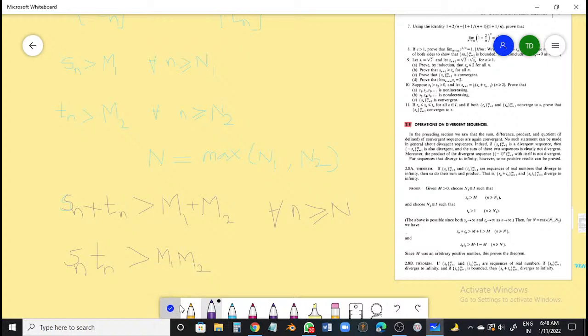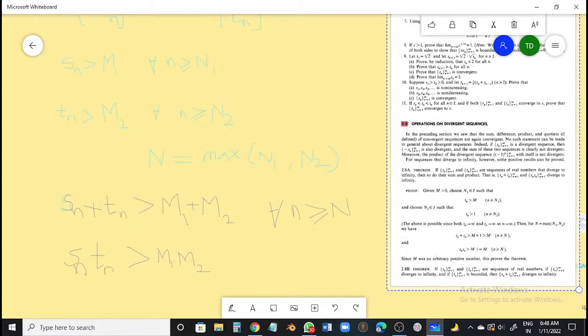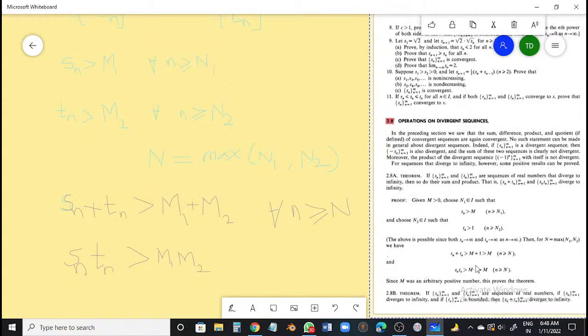It will diverge to infinity. This is what we mean over here. So this was the case when both the sequences were diverging to infinity.